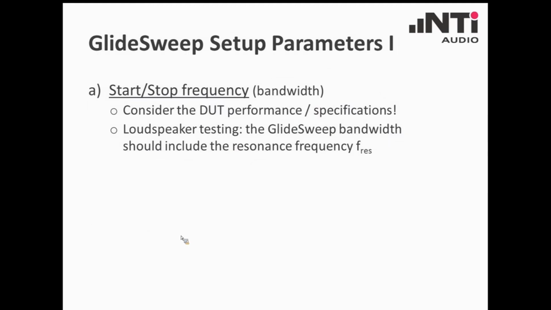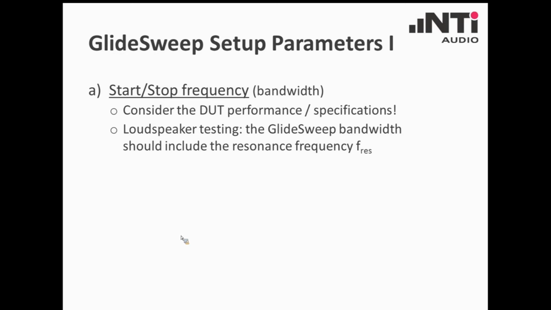Now, when we set up a GlideSweep test, we have to decide how to adjust a couple of parameters. And one of them is the start and the stop frequency, or the bandwidth we are covering with our GlideSweep. Now this depends, of course, strongly on the device under test and on the environment and the test specifications.